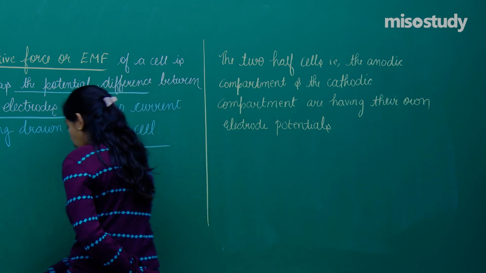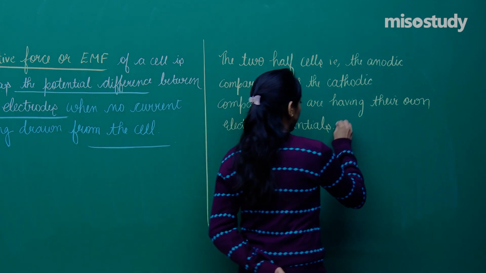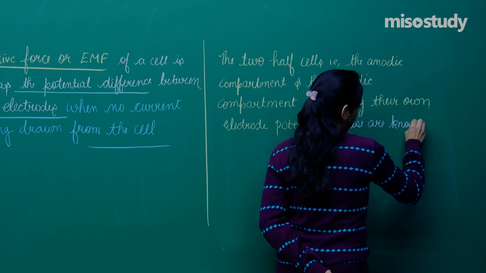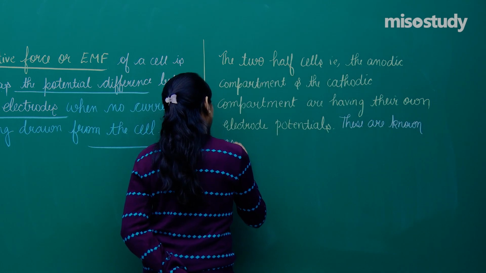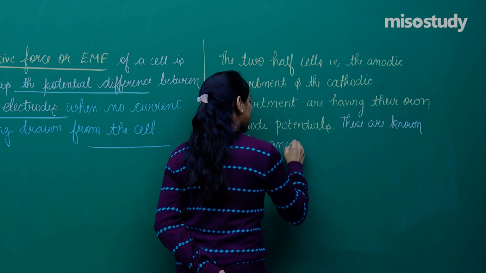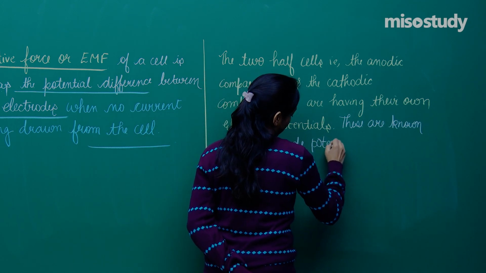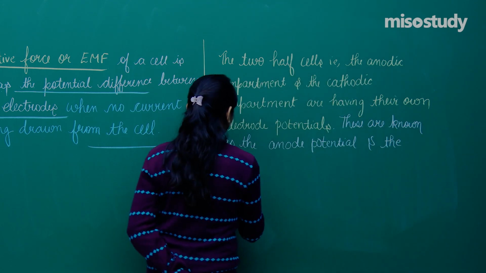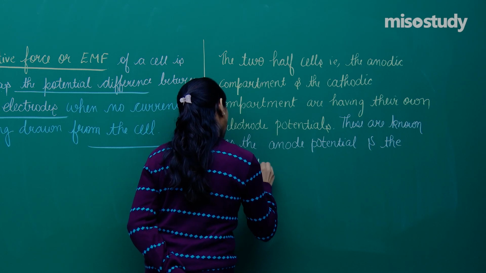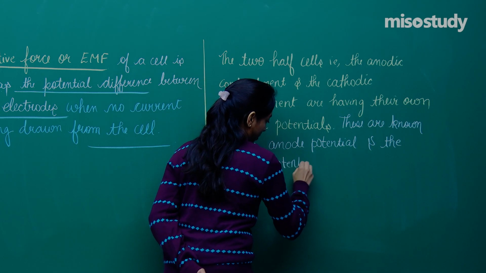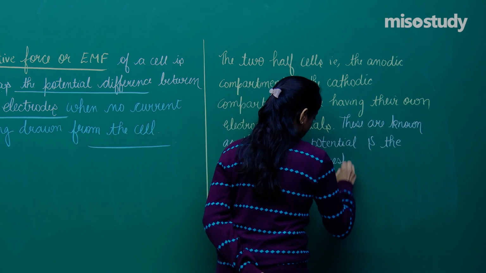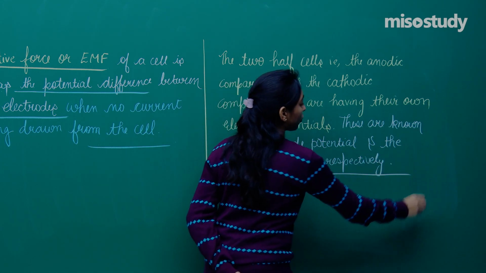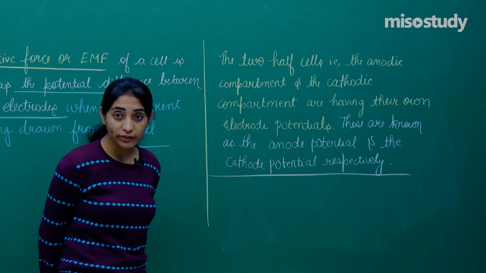So these are known as the anode potential and the cathode potential respectively.